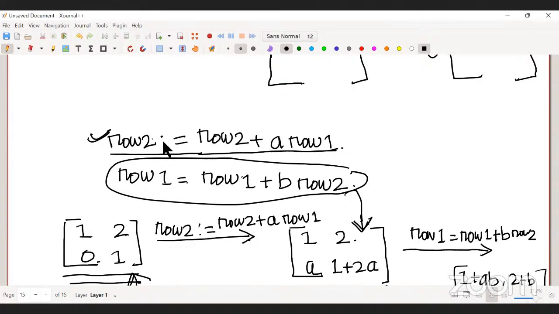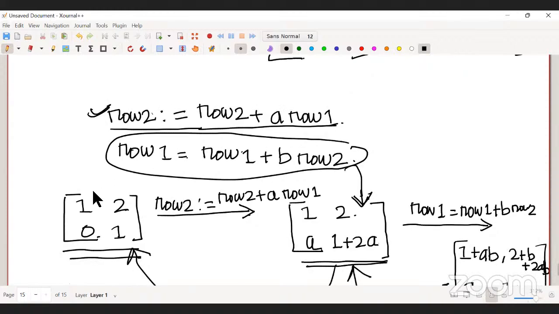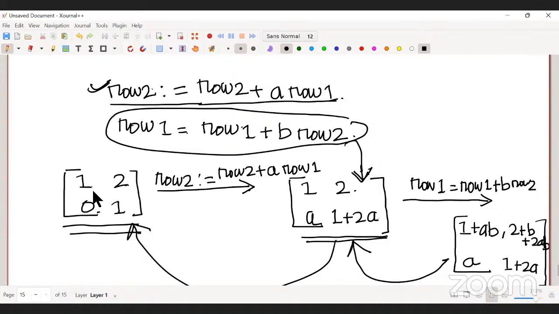We can apply it to different rows at the same time. If you are applying it to different rows, you can also get that by applying the same thing multiple times, right?